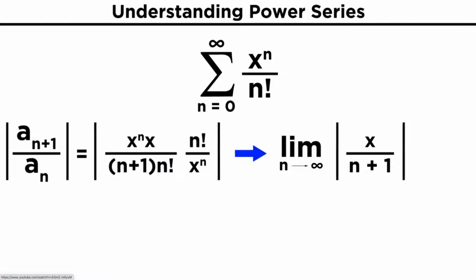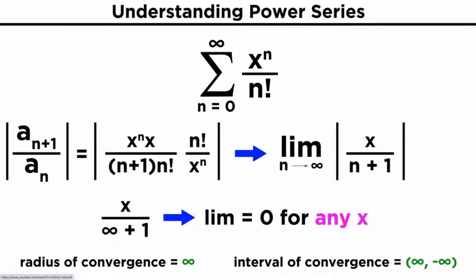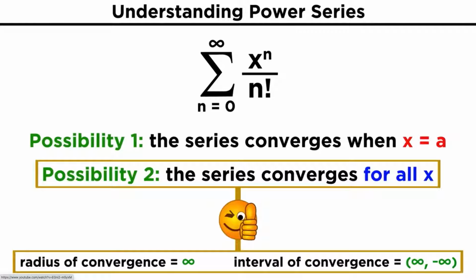Finding the limit as n approaches infinity, we see that we will get 0 no matter what the value for x. This means that the radius of convergence is infinity, and the interval of convergence is negative infinity to positive infinity. This fits the second possibility from that theorem, which tells us that this series is always convergent.